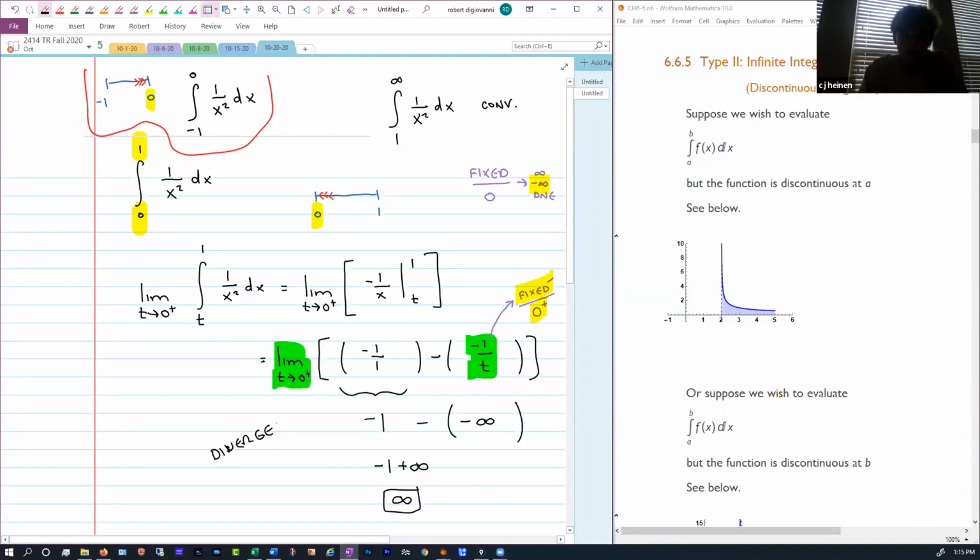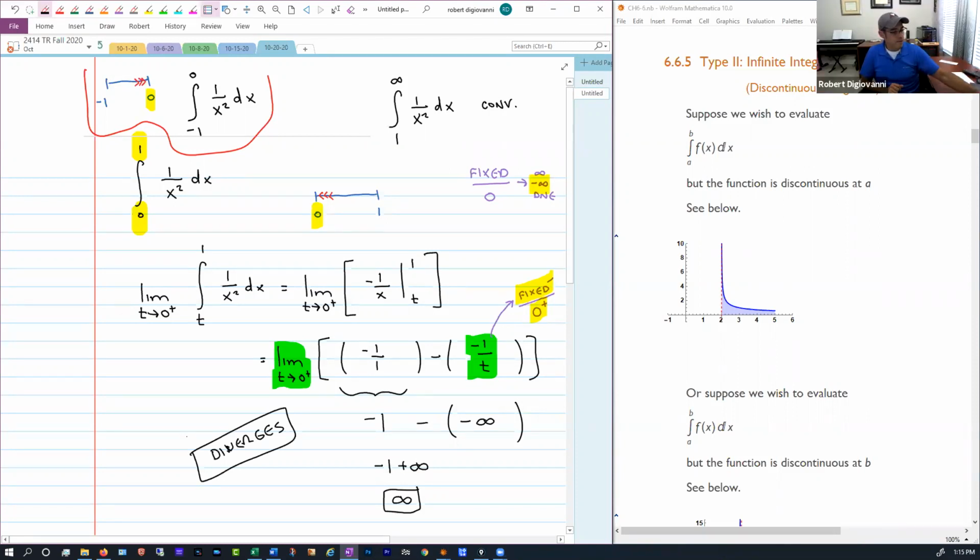How would you know if the fixed number over 0 is DNE? So usually you get the DNE when your limit is from both sides. When you come in from one side, you might be getting a 0 on the bottom that's positive, but when you come in from the other side, you get a 0 approaching through negative numbers.